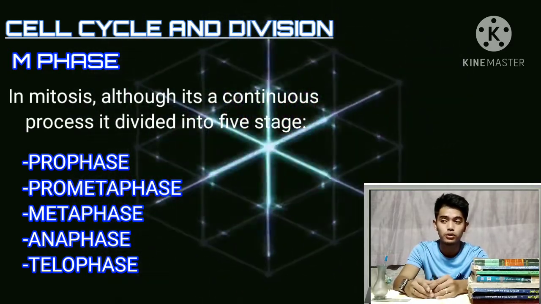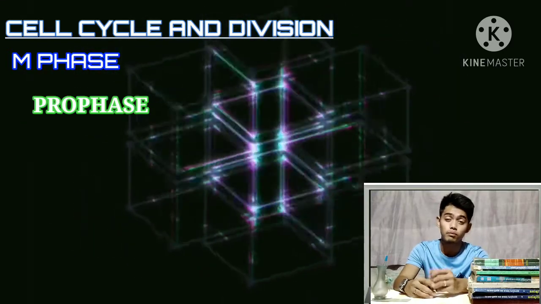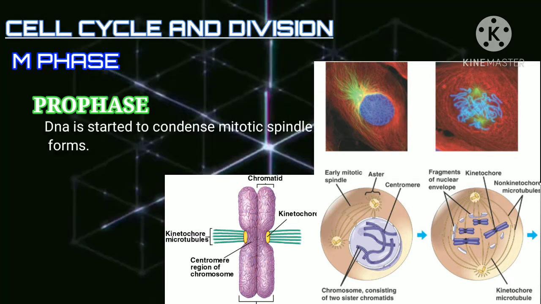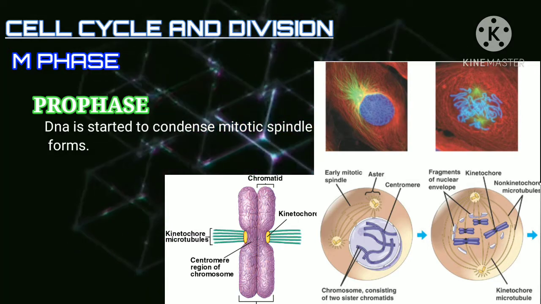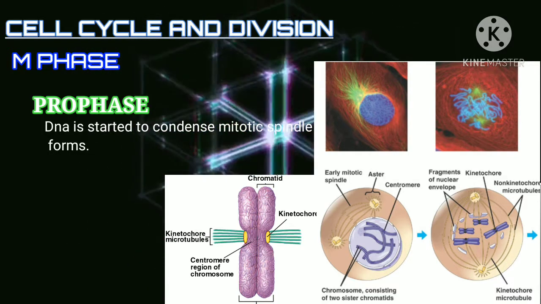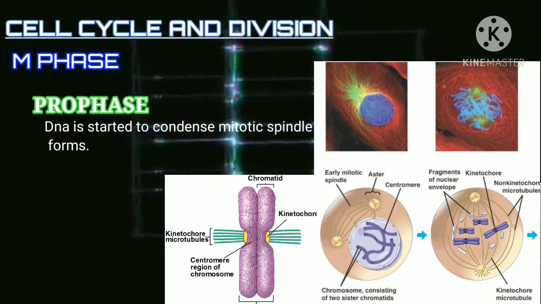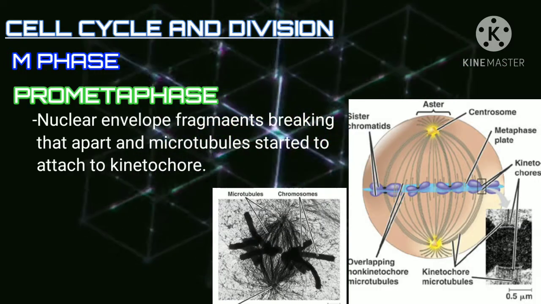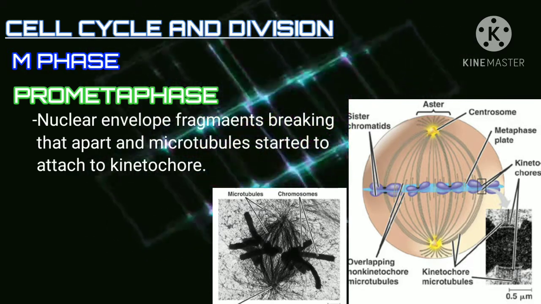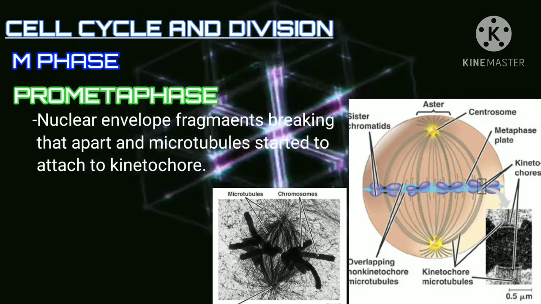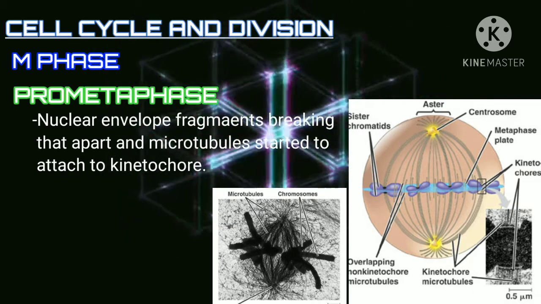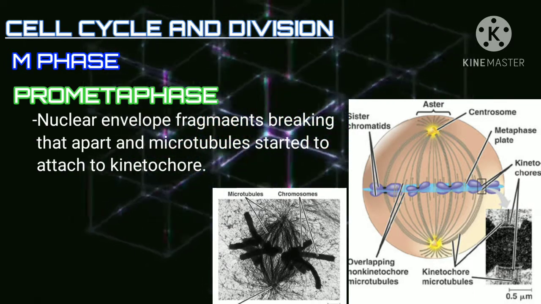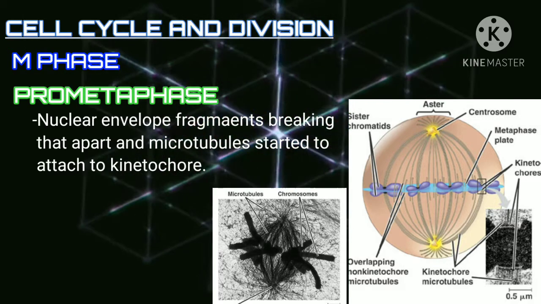So first, the highlight of prophase is that DNA starts to condense and the mitotic spindle forms. In prometaphase, the nuclear envelope fragments, breaking apart, and microtubules start to attach to the kinetochore, the center of the chromosomes.